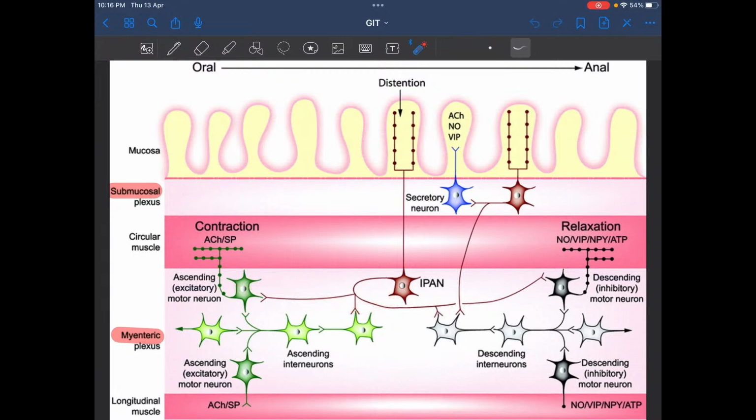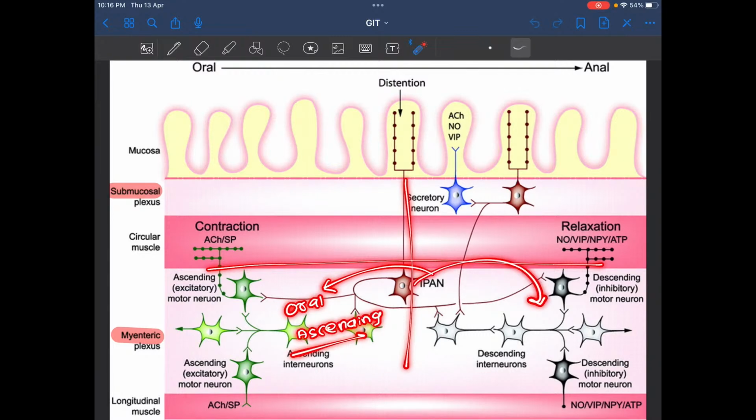So what is this? Ascending and descending का क्या system है? Whenever it's towards the oral cavity, it's ascending, और जो भी bolus से ऊपर है, and whenever it is towards the anus or basically below, that is in front of the bolus, then that is known as descending. वो क्या करेगा?